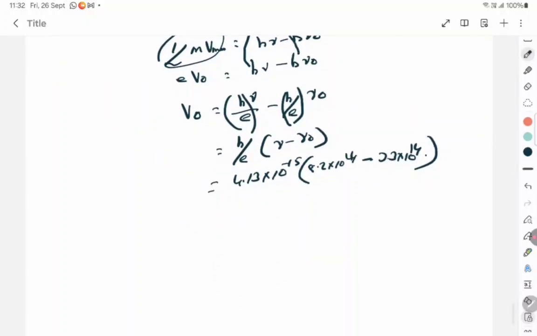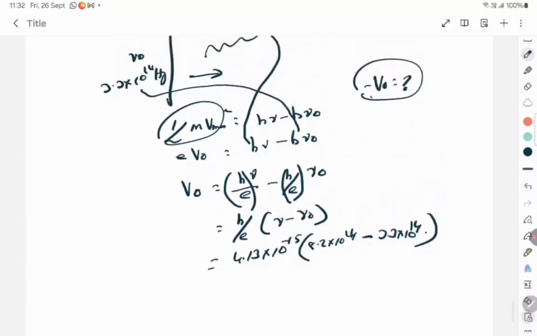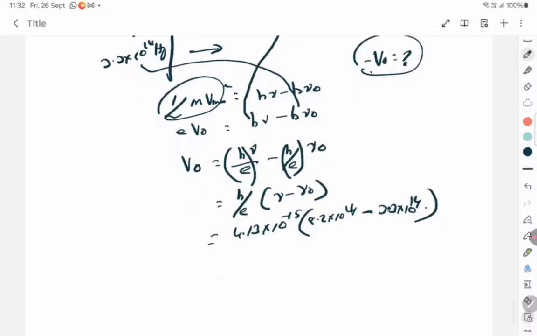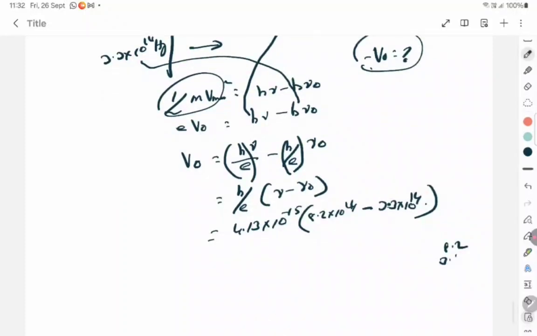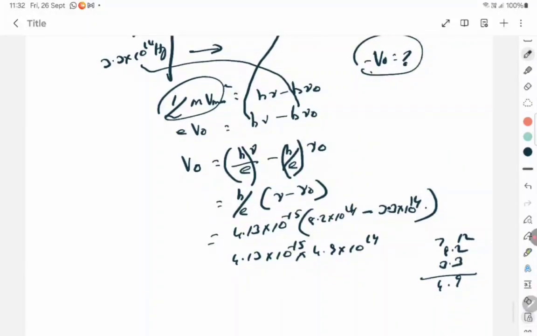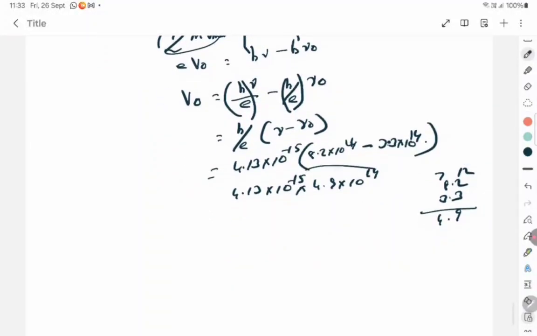Both the powers are the same, so it becomes easier to subtract 8.2 and 3.3, which gives 4.9. So 4.9 into 10 to the power 14 and 4.13 into 10 to the power minus 15. The 14 and 15 will become minus 1: 4.13 into 4.9 into 10 to the power minus 1.